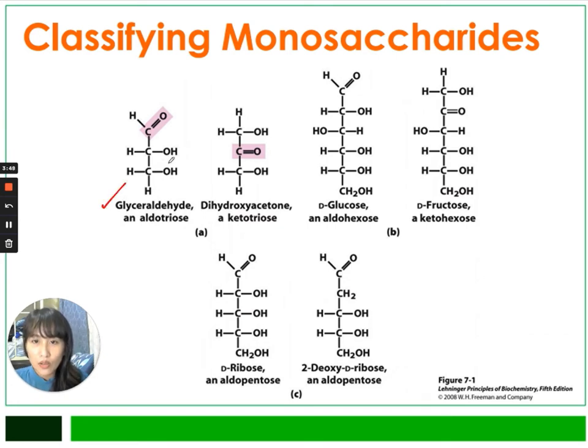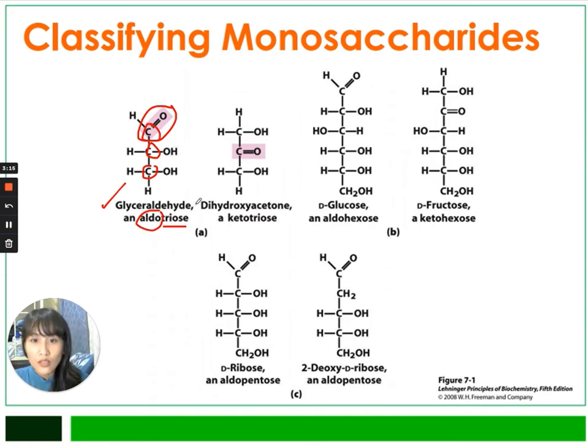Based on the carbonyl group, you can see that it is located at the end of the carbon unit, so it will be called aldo. And why triose? Because it has 1, 2, and 3 carbon units. So glyceraldehyde is an aldotriose.